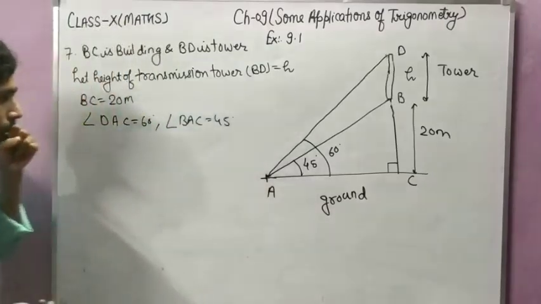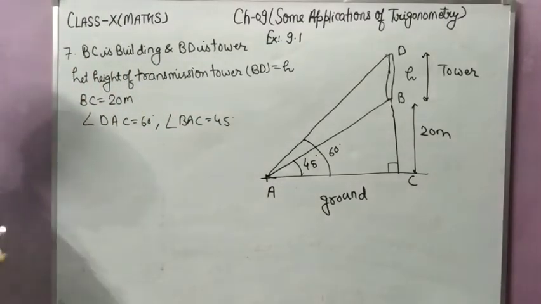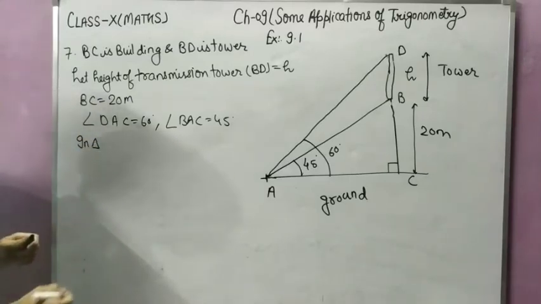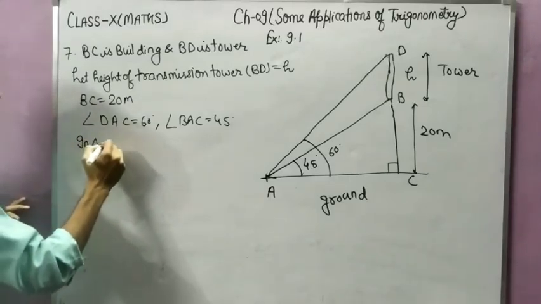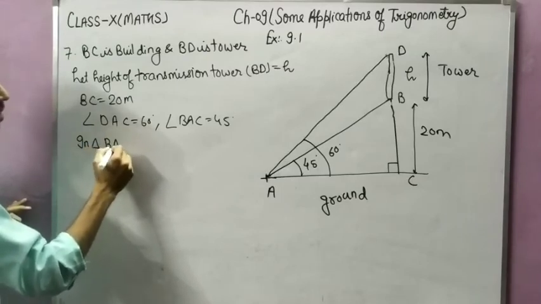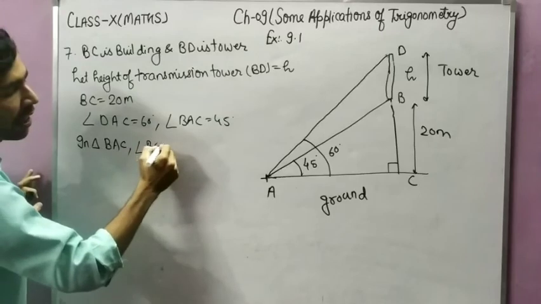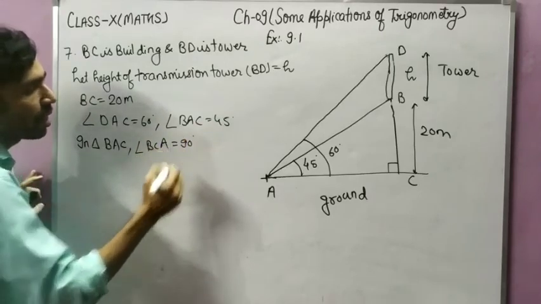Okay. So see, student. There are two right angle triangles. So in first triangle, I will take triangle BAC. In triangle BAC, angle BCA is 90 degrees. So we can apply trigonometric ratio.